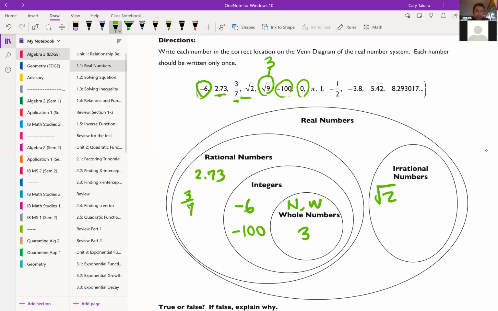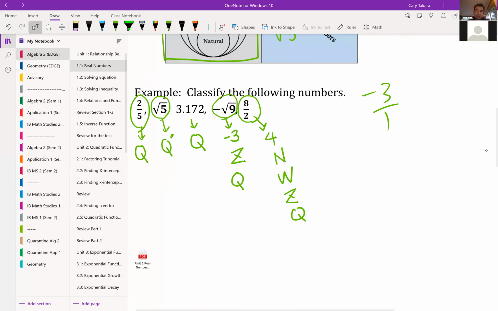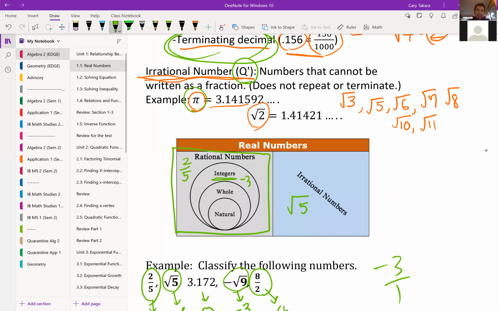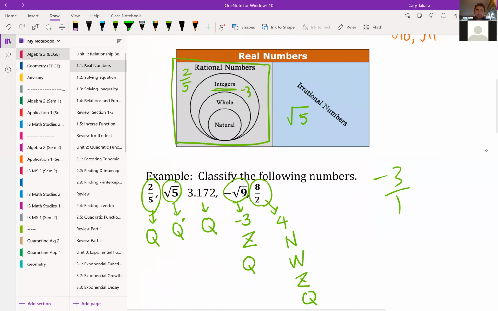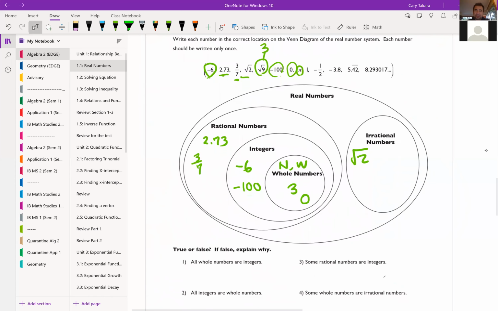How about 0? 0 is a whole number. Yeah. And how about pi? We've talked about that. Pi is irrational. Yeah. So we need to put that over here.